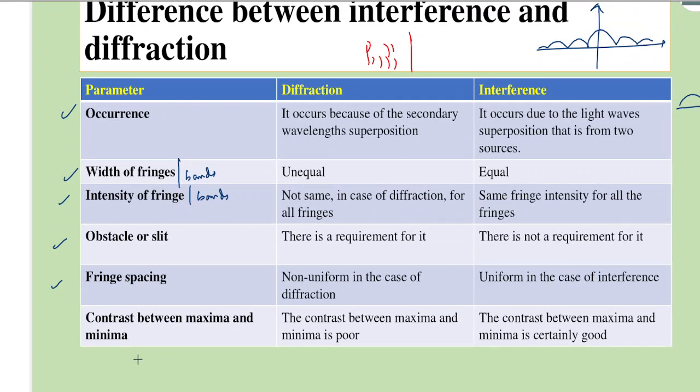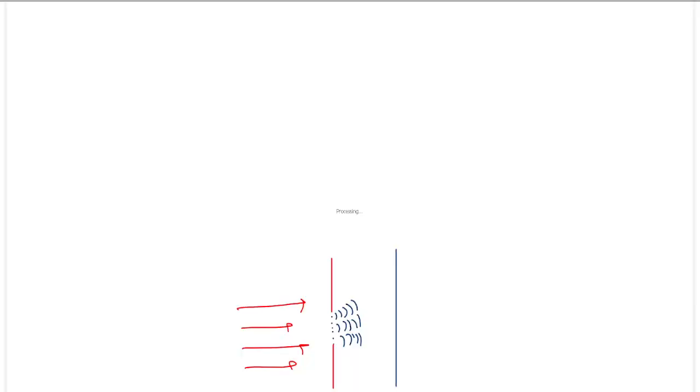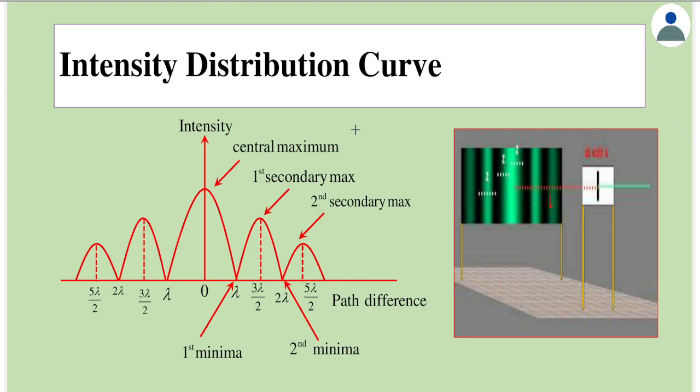The last difference is the contrast between maxima and minima. Contrast means how clearly we are able to differentiate between bright and dark bands. The contrast between the dark and bright bands in case of diffraction is poor, and the contrast is good in case of interference. Let's look at the intensity graph seen here.